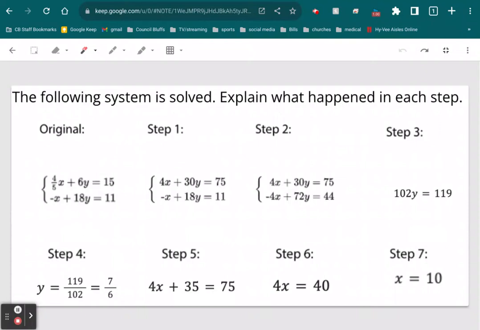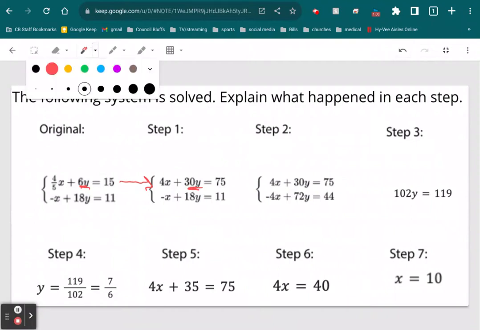As you can see, in step 1 the second equation stays the same, which means the first equation is changing. So let's see what they multiplied by here. 4/5 x became 4x, 6y became 30y, and 15 became 75.